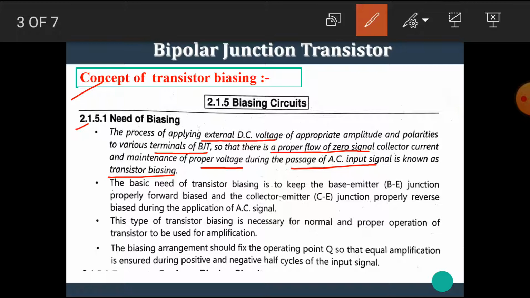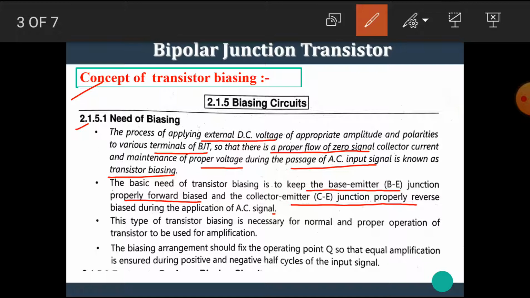The basic need of transistor biasing is to keep the base emitter junction properly forward biased and the collector base junction properly reverse biased during the application of the AC signal. We know that we can operate the transistor in various modes such as forward active mode, saturation mode and cutoff mode.